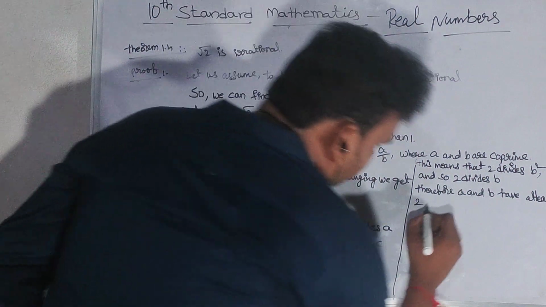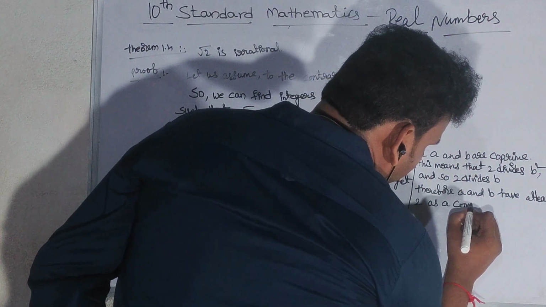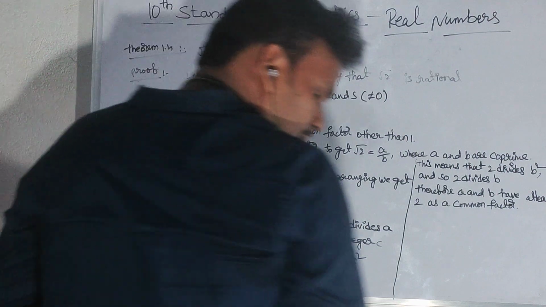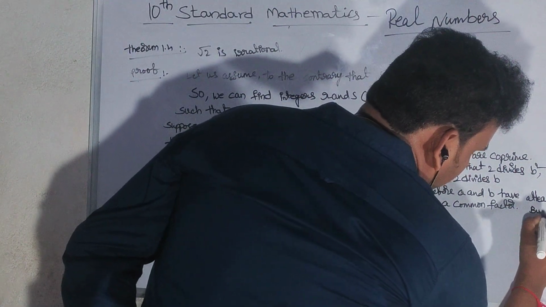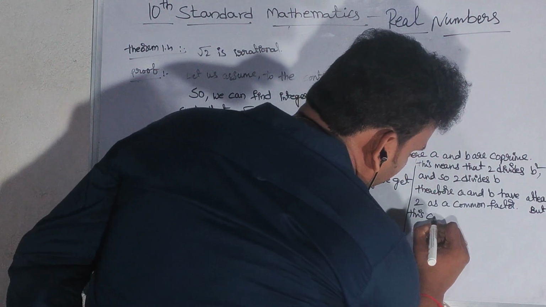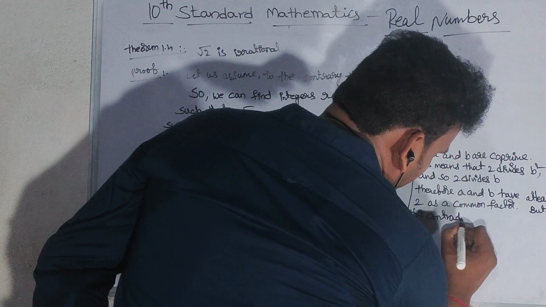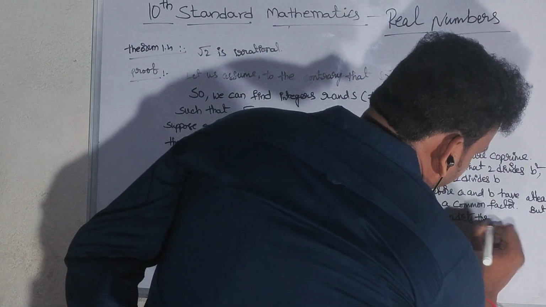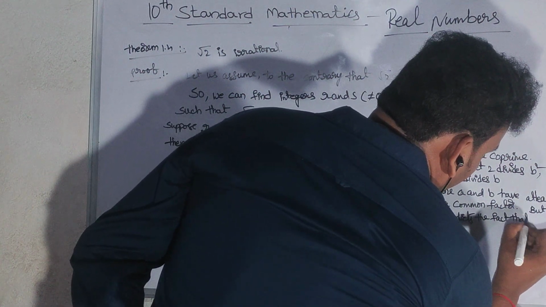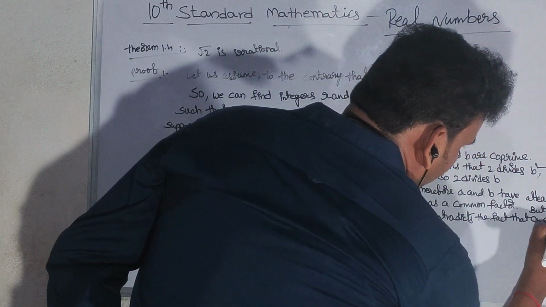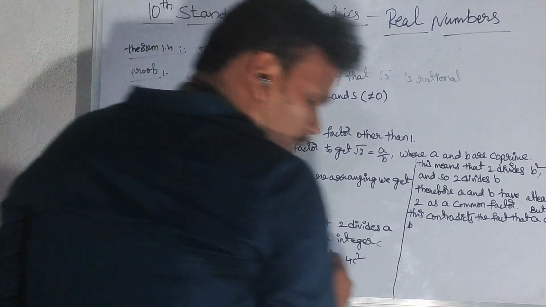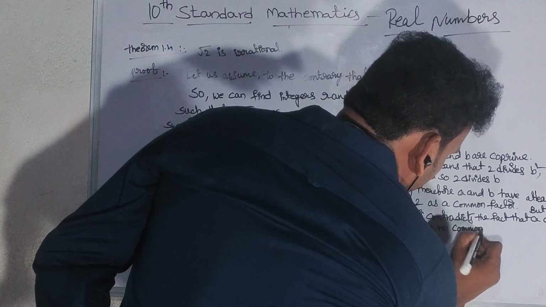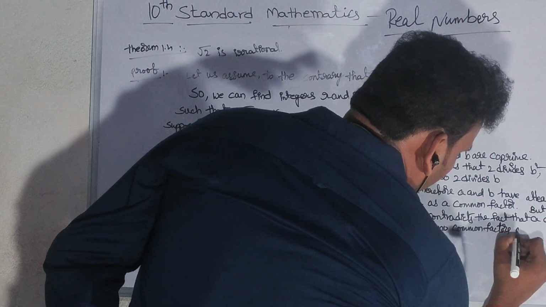But this contradicts the fact that a and b have no common factors other than 1.